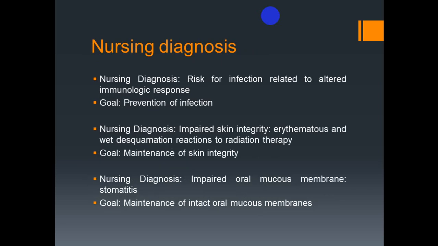We have many nursing diagnoses. The nursing diagnosis is the key for our nursing care plan. We have many nursing diagnoses taking place in our lecture, such as risk for infection related to altered immunological response, and the goal of our nursing care is preventing infection.